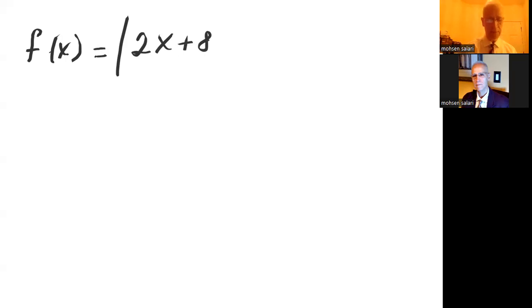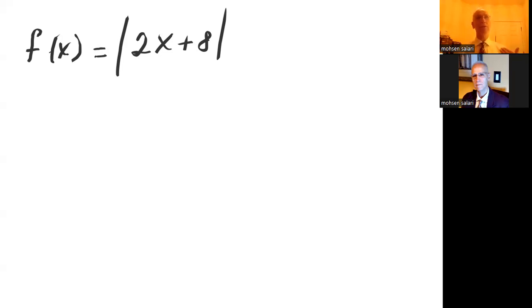Suppose you have something like f of x equal, let's say, 2x plus 8. So what is the very first thing that you know about this function? You know that the parent function for this function is the absolute value of x.